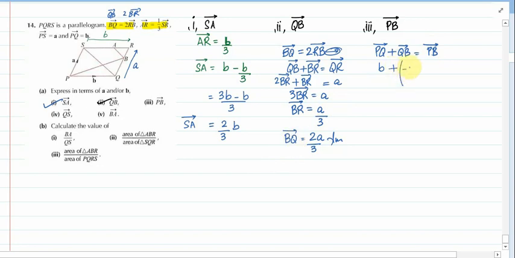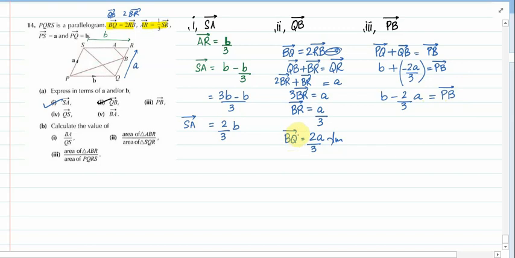That means it's minus 2A over 3 is equals to PB. So it's B minus 2 over 3 A is equals to PB, right?